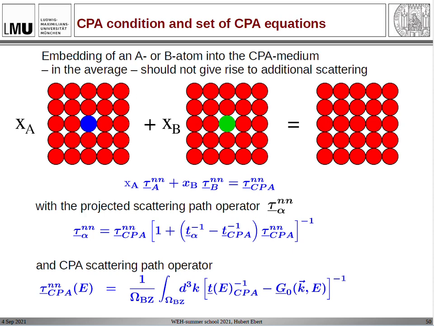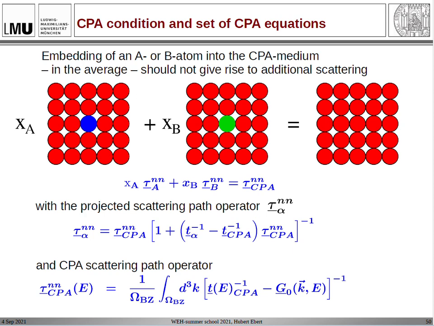And in terms of the scattering path operators, this is nothing else but this equation. And this corresponds to this embedded scattering path operator of an A atom into that red medium, just what we have discussed before, and this is the same for B. So once more, this expression written a bit differently.